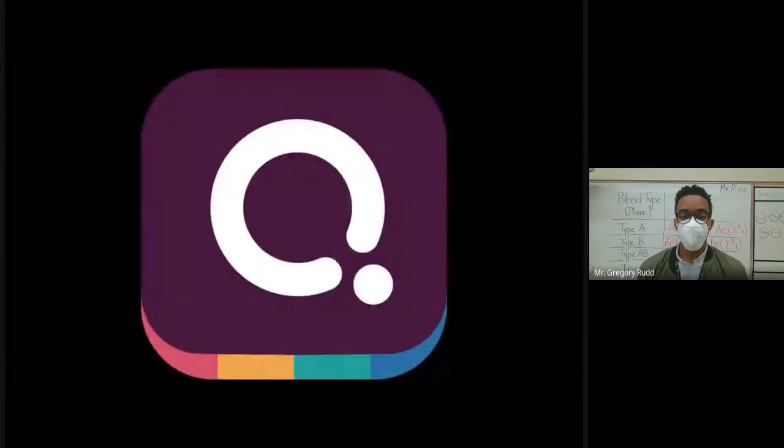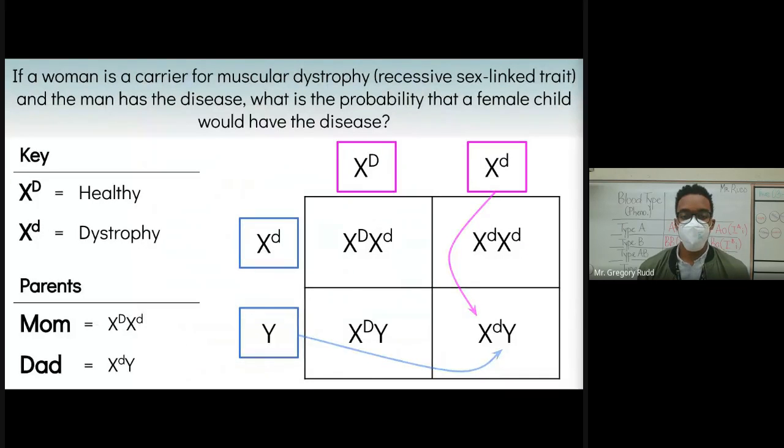So if we go back and look at these Punnett squares that we were doing, the only way to get a Y is if it came from your father. And the only way to get a second X is also if it came from your father. Remember, mothers can only give two X's. So they will always give an X chromosome. Fathers have the option of giving one or the other. Now, of course, this is not a matter of choice. It's totally random.